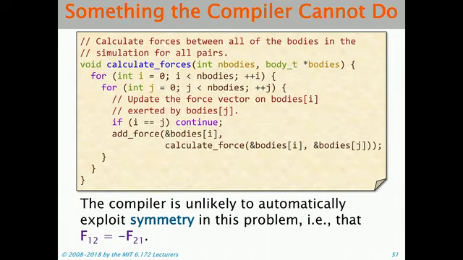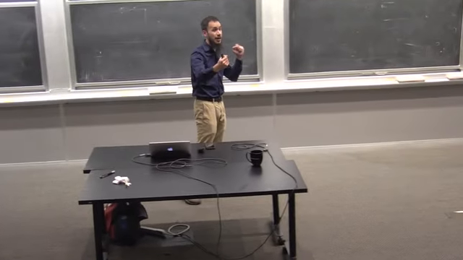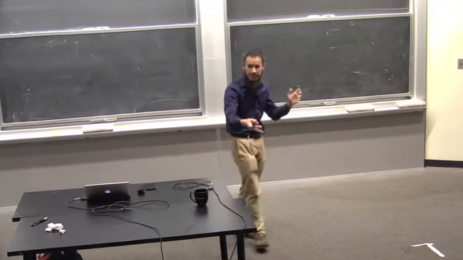Here's one very simple example. In this case, we're taking another look at this calculate forces routine. Although the compiler can optimize the code by moving address calculations out of the loop, one thing that it can't do is exploit symmetry in the problem. What's going on is we're computing the forces on any pair of bodies using the law of gravitation.